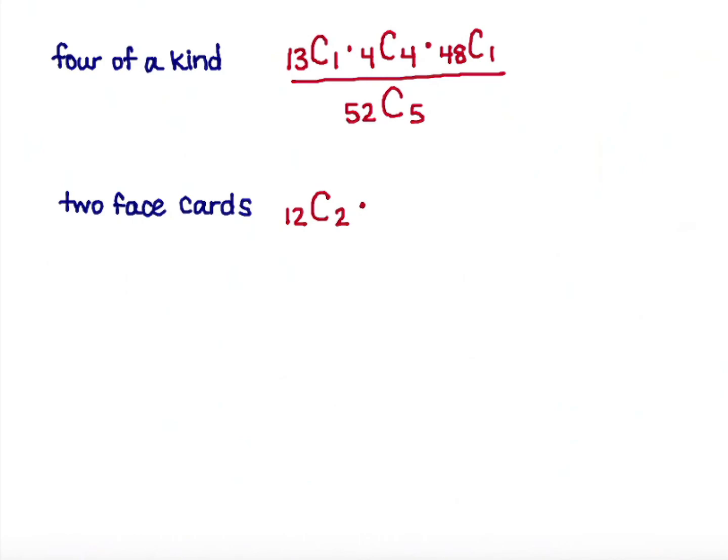So how many non-face cards are in a deck? I believe that would leave us with 40 non-face cards, and we've already got 2 face cards in our hand, so we would need 3 cards to complete our hand out of 52C5. The more examples you do, the easier this gets, so I hope that helps a little bit.